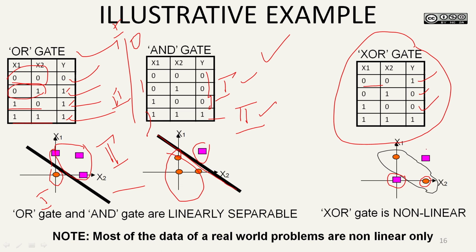And the third case 1 0, 1 in the x1 plane and 0 in the x2 plane, that gives this orange, right? And 1 1 is nothing but 1 in the x1 plane and 1 in the x2 plane, that gives this square. Now I cannot categorize them, this belongs to the second category and this belongs to the first category, and so on.